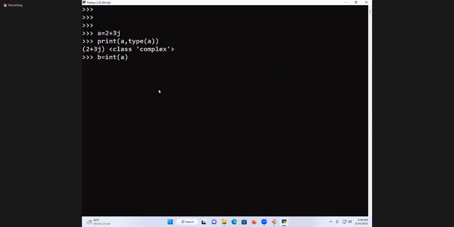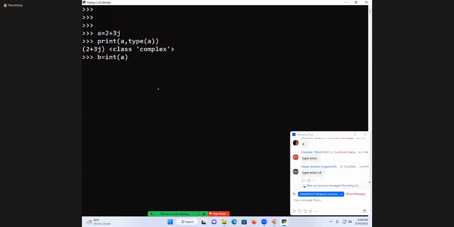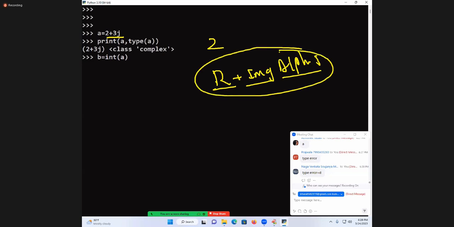The answer is type error. It is not possible to convert, because internally a complex number is a combination of one real part plus an imaginary part, and one alphabet, j.